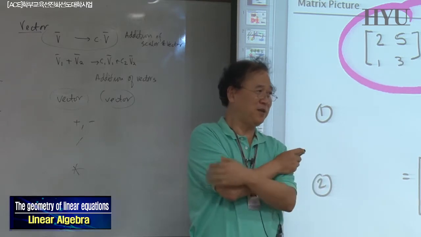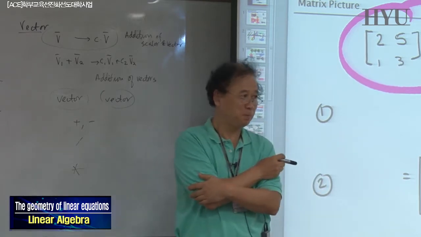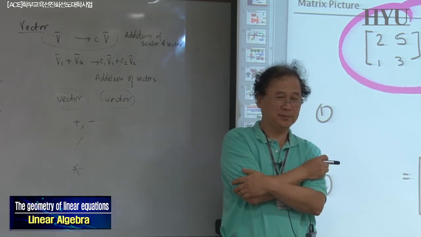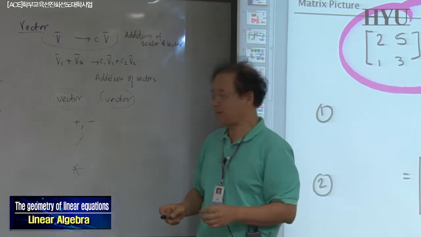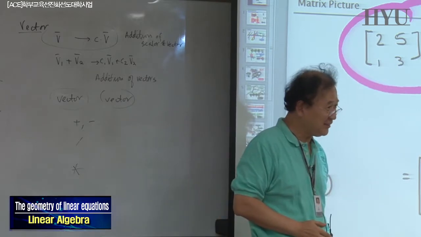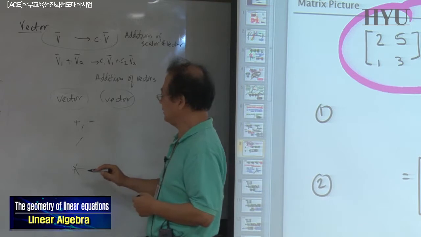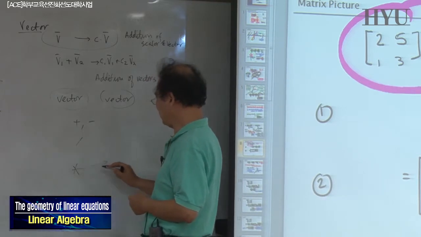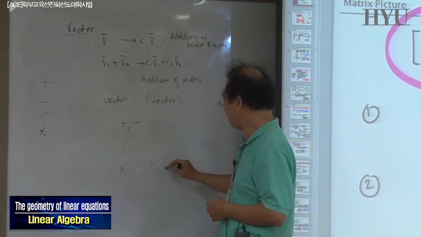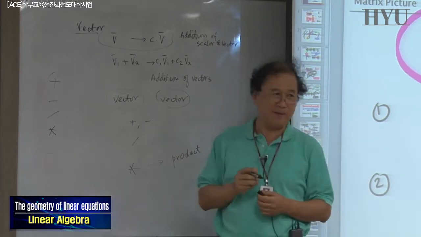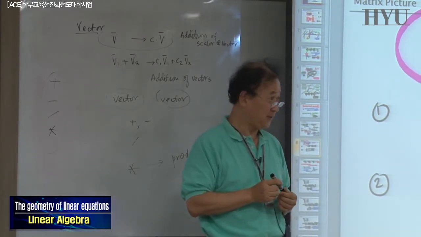Have you seen any multiplication of vectors? Similar, right? But they never call it multiplication. Rather than using multiplication, they use product. Looks the same, but it's different.